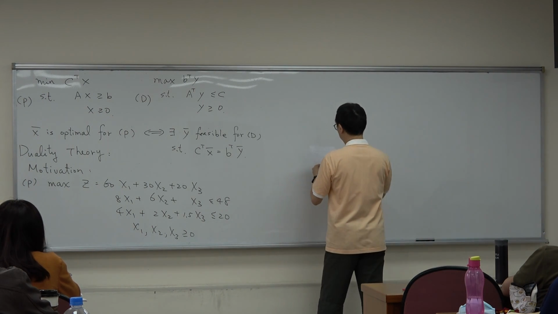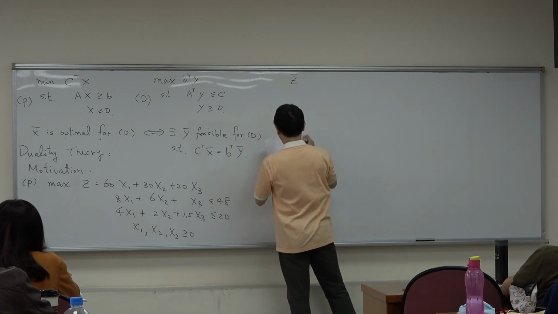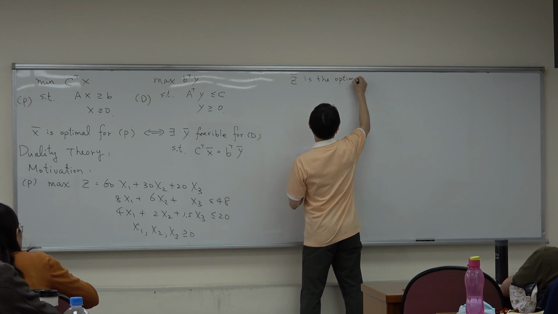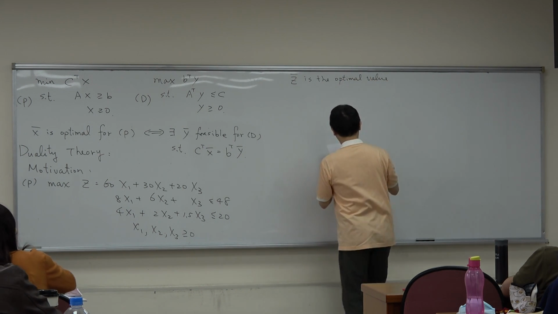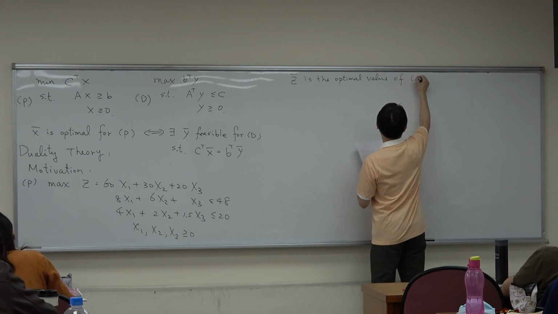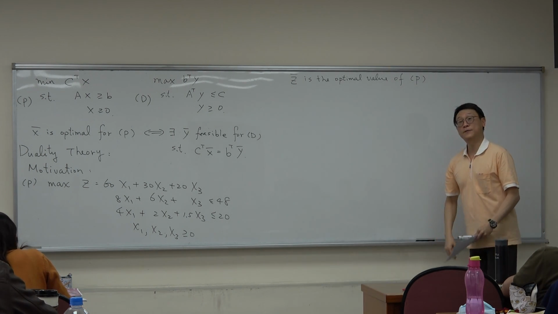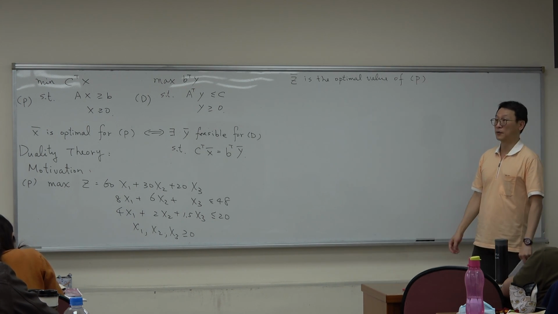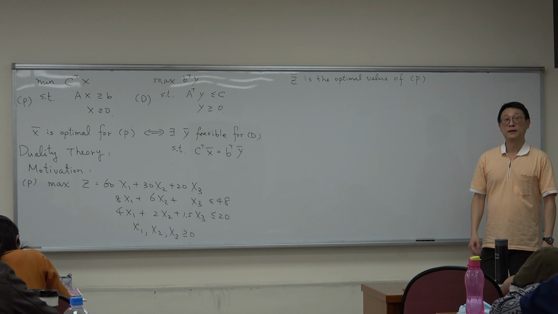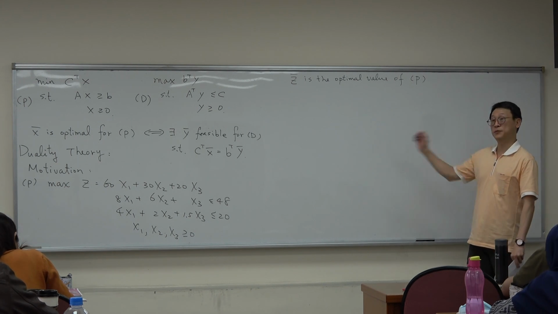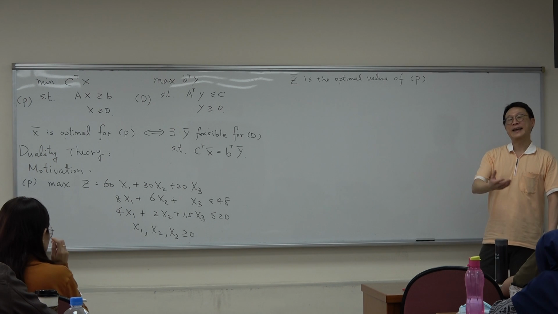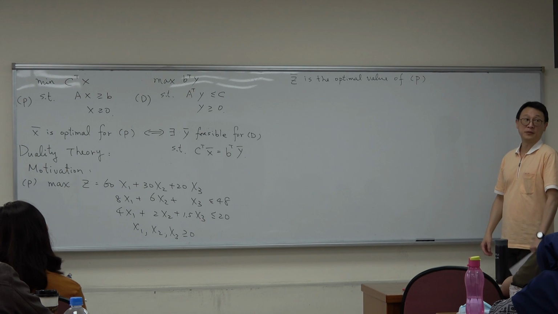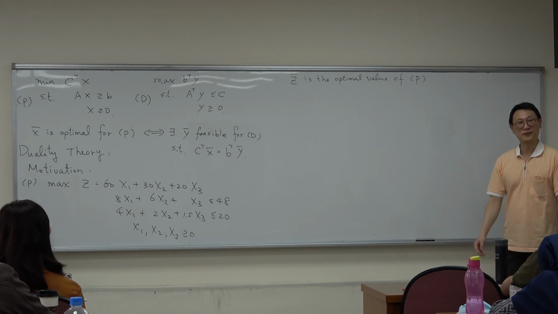And suppose Z bar is the optimum value of the primal problem. I haven't found it yet, but I can suppose that. I don't want to use the simplex method, but can I utilize another method to try to find the Z value?